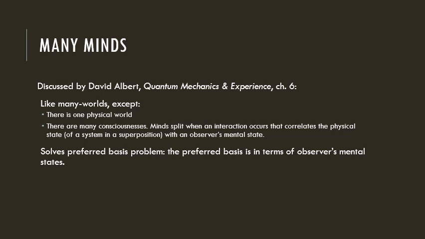So it's like the many worlds interpretation, except there's just a large number of minds instead of a large number of physical worlds. Now this solves the preferred basis problem. The preferred basis is in terms of the observer's mental states, right? So in other words, it's your mind that cannot be in a superposition. There's always a definite state for each particular mind.